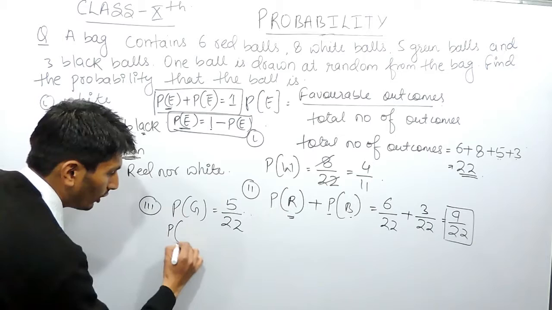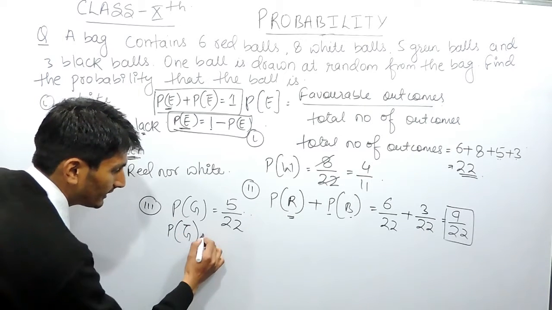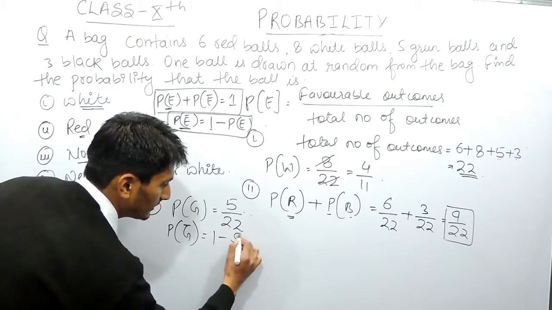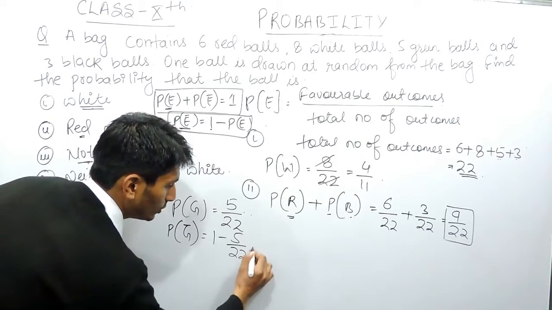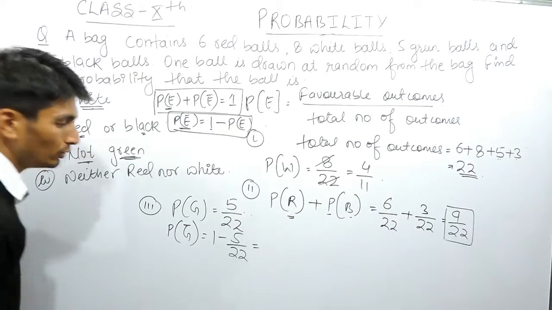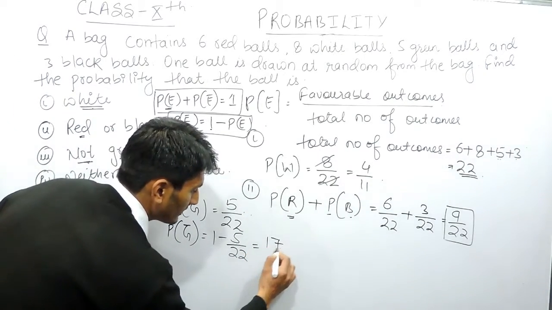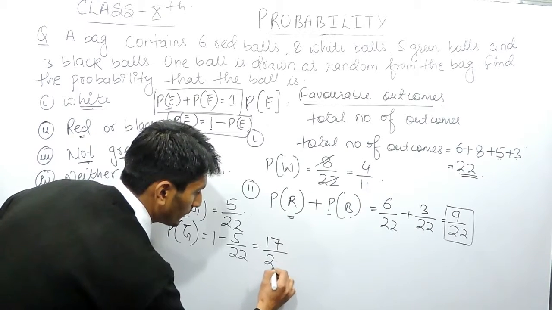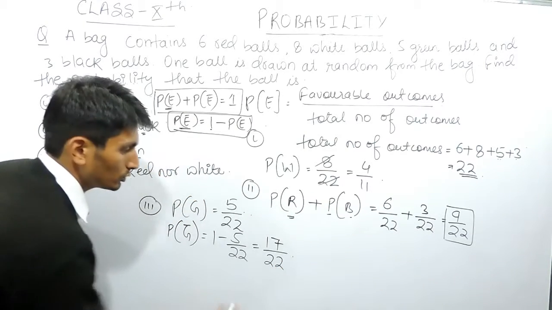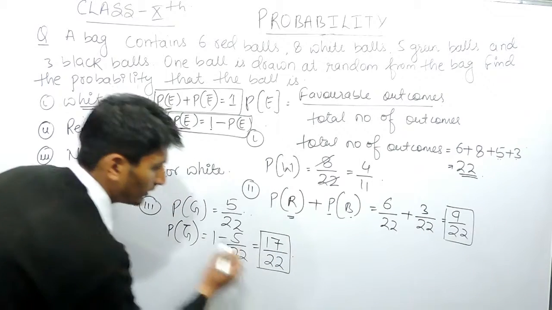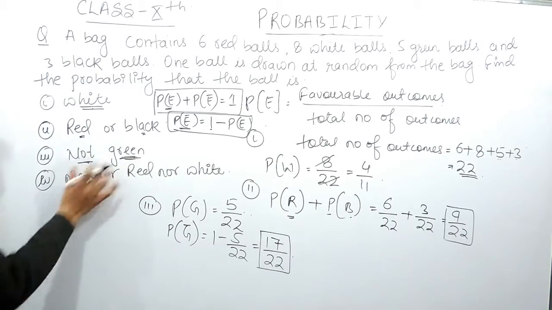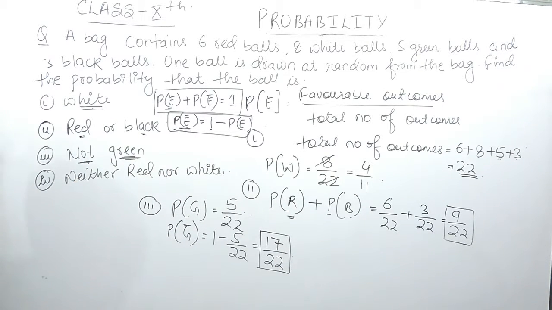So the probability of not coming a green will be equal to 1 minus 5 upon 22, and that will be equal to 17 upon 22. So this is the probability of not getting a green ball when one ball is taken out from the bag.